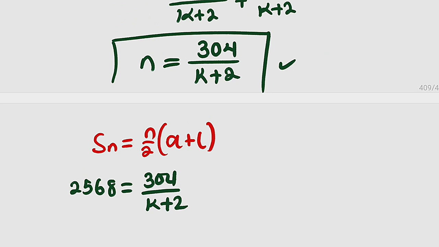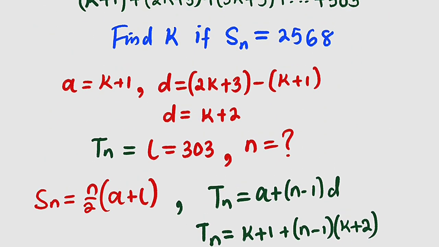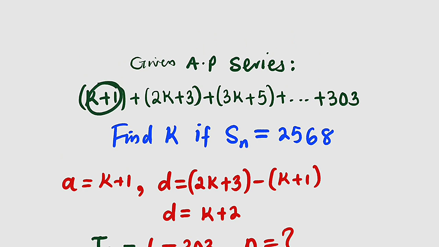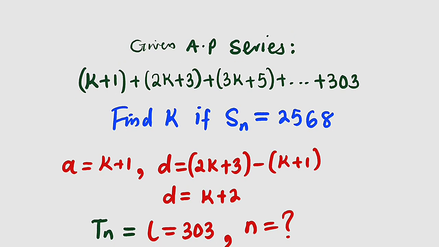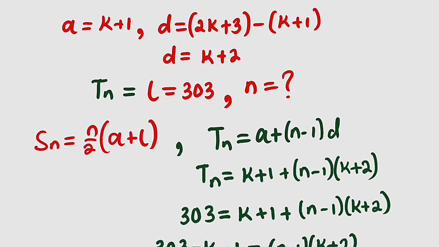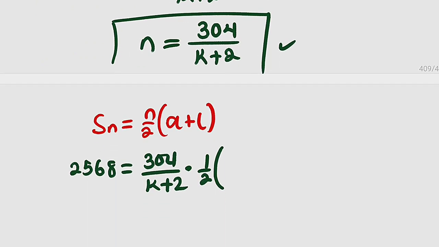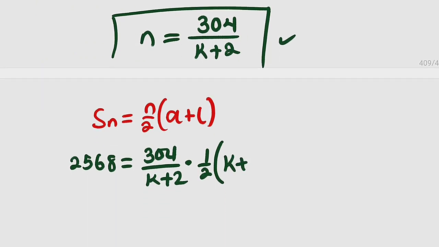Then multiplying by 1 over 2 is the same as dividing by 2, then multiply by a plus l. a is k plus 1, and l is the last term, which is 303.